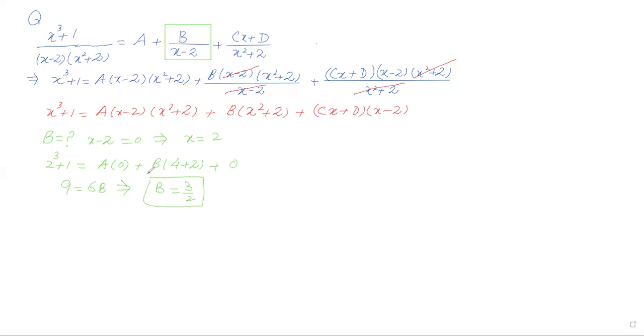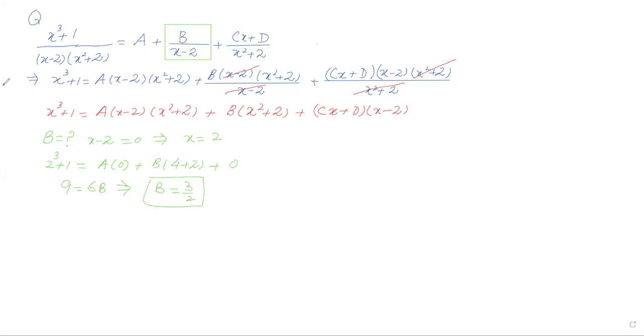To find the other values, we have to compare the coefficients. Comparison is only possible when you have all the terms without brackets in polynomial form. So I have to remove the brackets, and then I will put the terms of x cube on a separate side, the terms of x square on a separate side, and the terms of x at the end, then the constant terms.